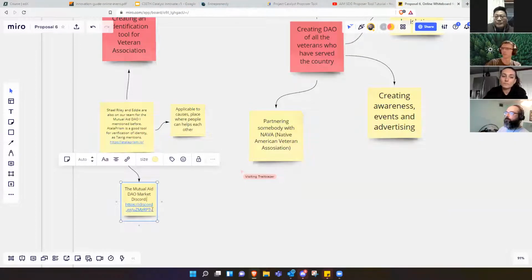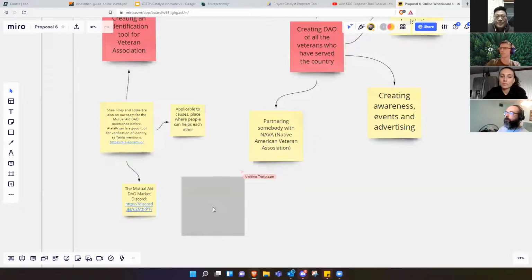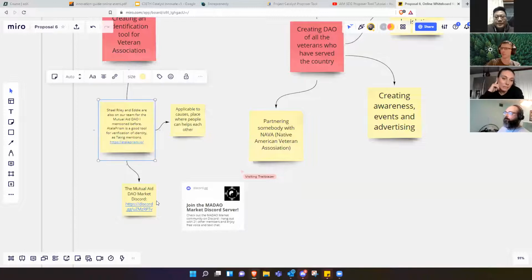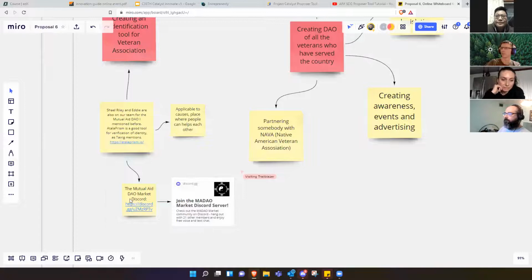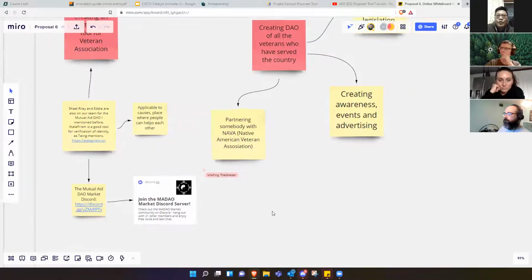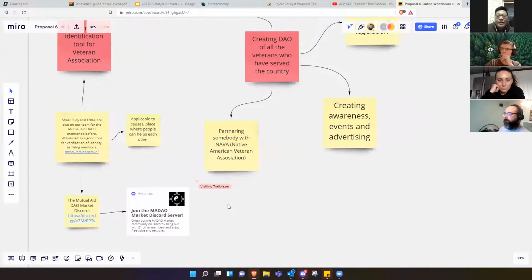So I don't know how helpful that would be, but I wanted to present that. So basically, instead of even having to create a DAO, we would just use what you're already putting together. Is that what you're saying? I'm saying that it could be a mechanism to help you bring more help into your cause.